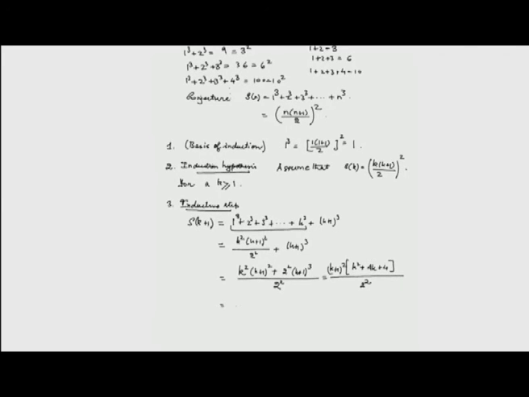Now, this gives me 2 square times k plus 1 whole square, and this is k plus 2 whole square. Thus, by doing again a small manipulation, we get k plus 1 and k plus 1 within bracket plus 1 whole square.